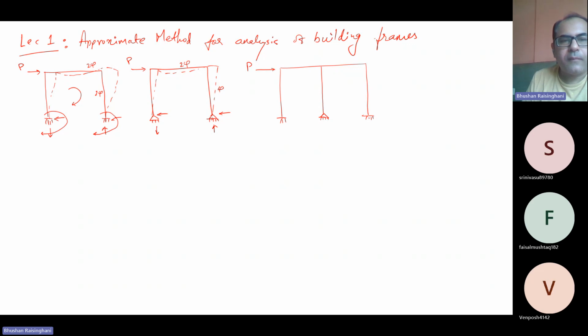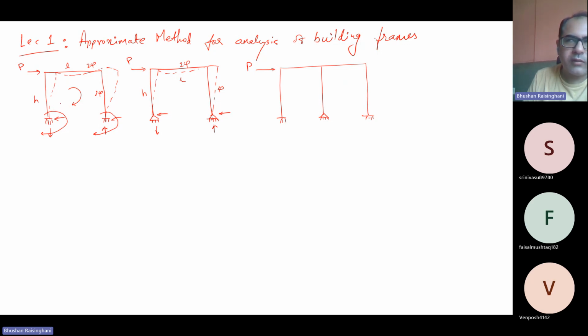It will not be there. So P into H by 4, P into H by 2, those are the bending moment diagram values. Then the shear force is P by 2, P by 2. For the vertical reactions, this is P, the height is H and this is L. So your moment will be P into H, and dividing by L as the lever arm.